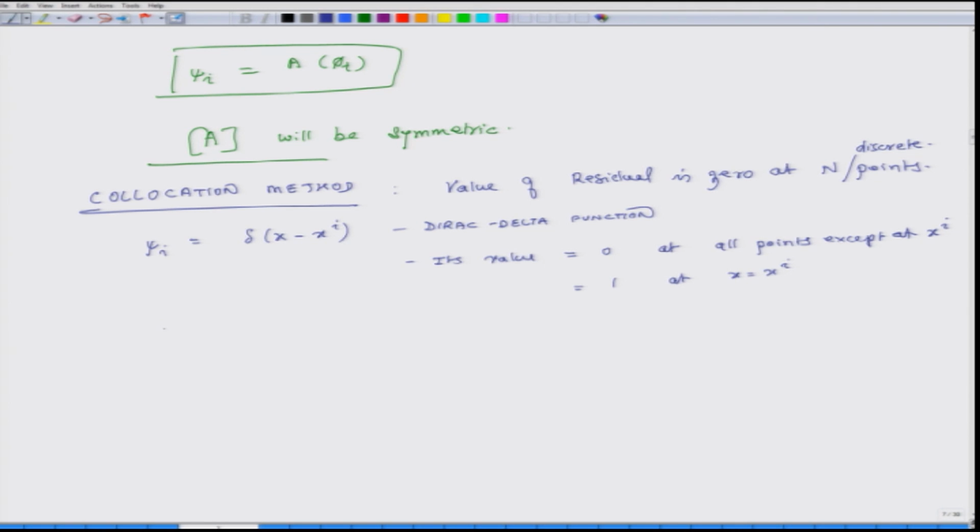So, in this case my equation is the integral over omega of psi I, this was my weighted residual statement, and suppose it was only one dimensional, d omega, right, and I replace psi I by the Dirac delta function.